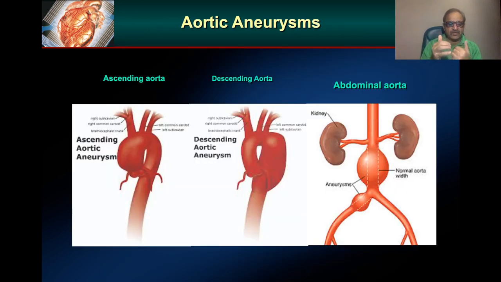Aneurysm may involve ascending aortic segment, they may involve descending thoracic aorta, or they may involve abdominal aorta, in which case the aneurysm is below the origin of the renal artery most of the time, or it may involve one of the branches of the aorta, as is seen in the right picture.